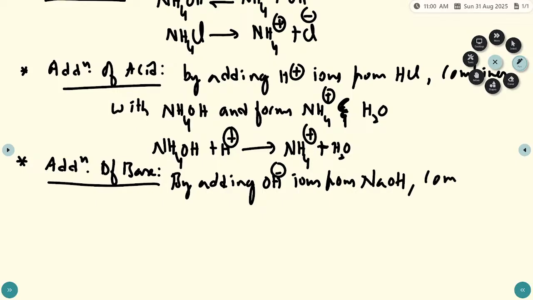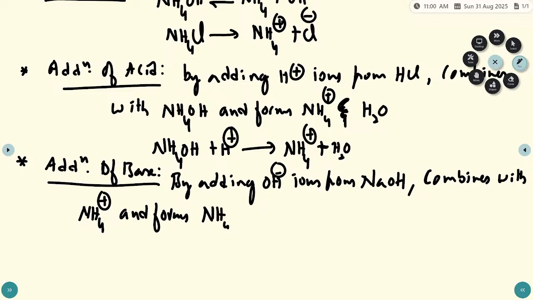These OH minus ions combine with NH4 plus. So NH4 plus ions are there, and they form NH4OH. It is a weak base, so it is a weak electrolyte. So it never changes the number of ions. It never increases or decreases the number of ions. Okay, so the pH will be constant.